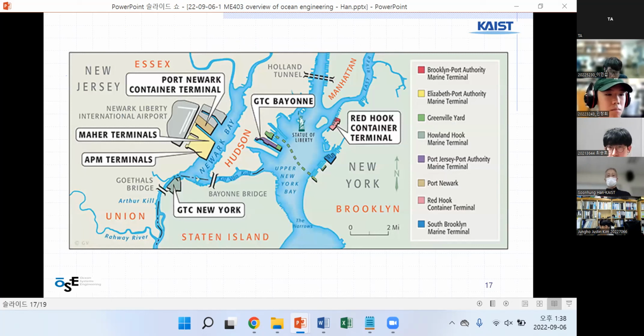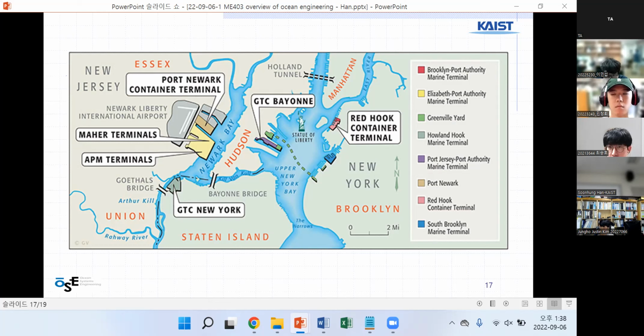This one is the port of New York, of the United States. You see Brooklyn, and then the Hudson River, Manhattan is there, New Jersey, you heard about this one. And Newark is one of the airports there. New York has 3 airports nearby.